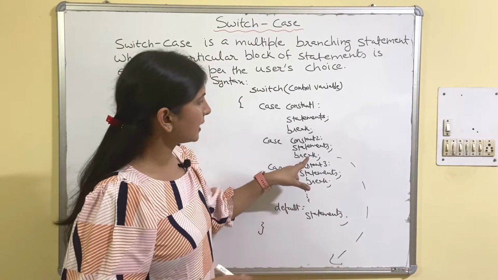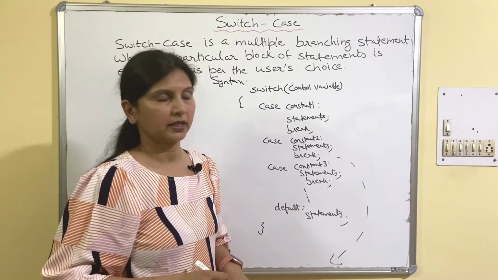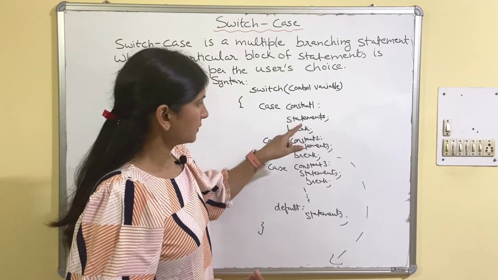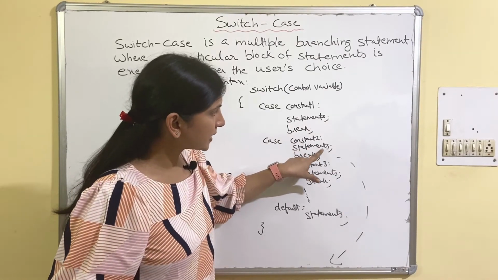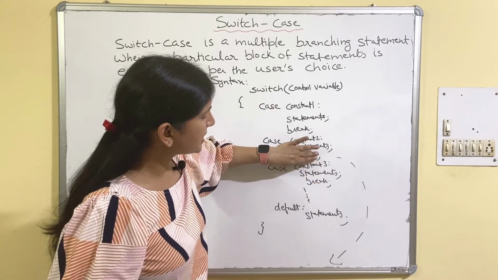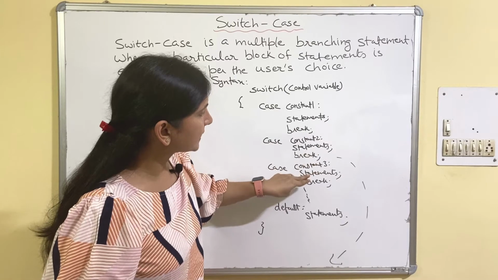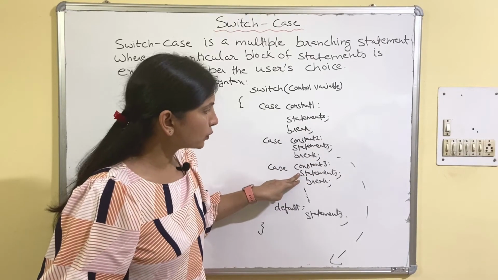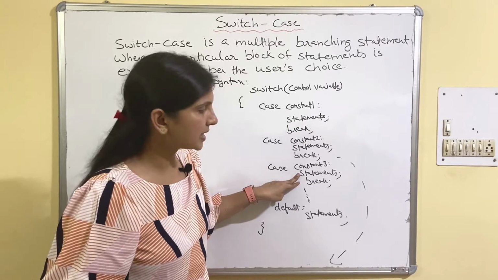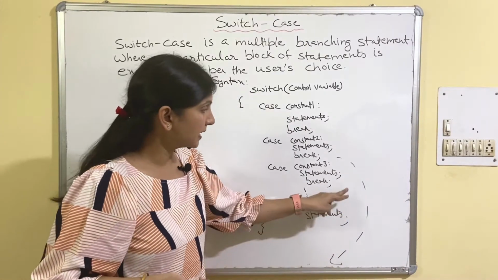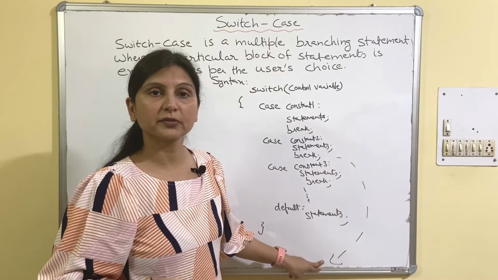For example, you have not given the break statement. If I remove the break statement here, what will happen? First, it will execute the statements of this case. Then, if break is missing, it will enter case 3. Then it will execute the statements of case 3, and then it will be terminated and come out of the switch case.